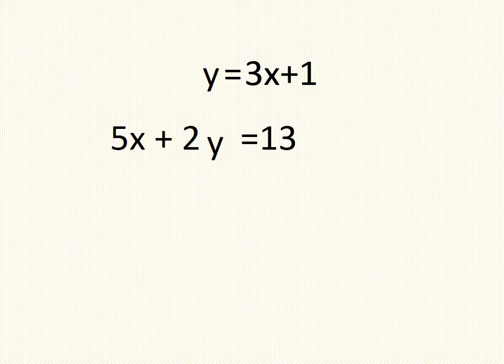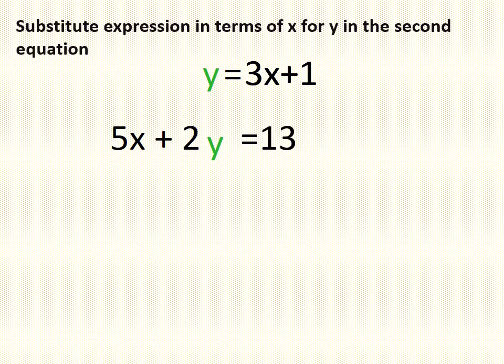The second step now is to substitute an expression in terms of x for y in the second equation, which means since I have y by itself on one side in one of the equations, that means that I have the value of y in terms of x.